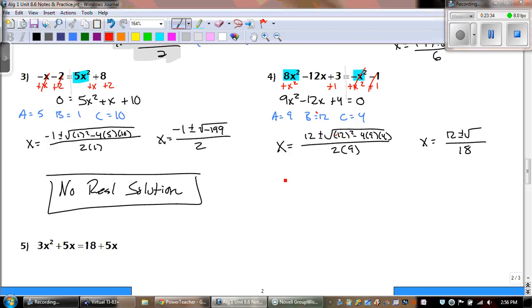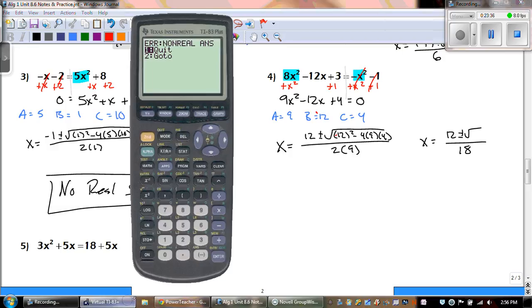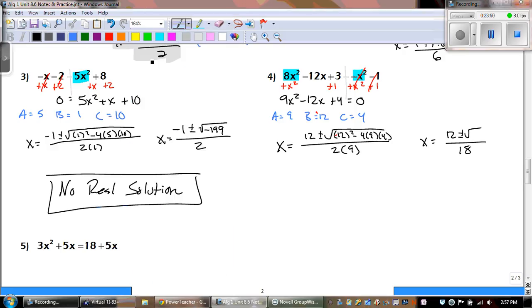Okay, so when we do what's underneath the square root, we have negative 12 squared minus 4 times 9 times 4, and we get 0. The square root of 0 is 0, so when we go to the next step, it's just 12 over 18.